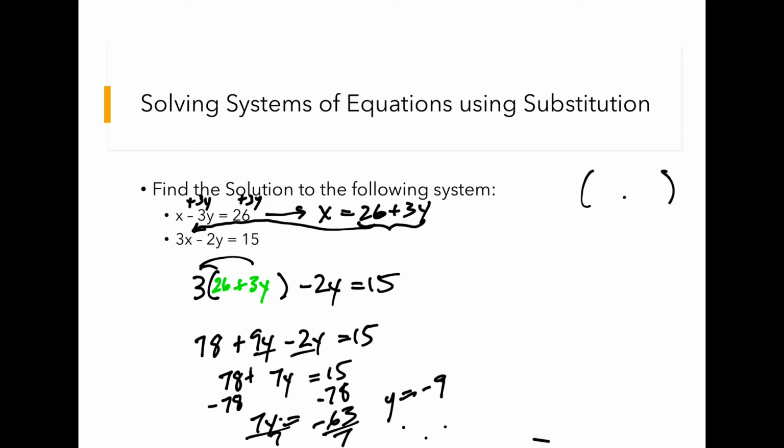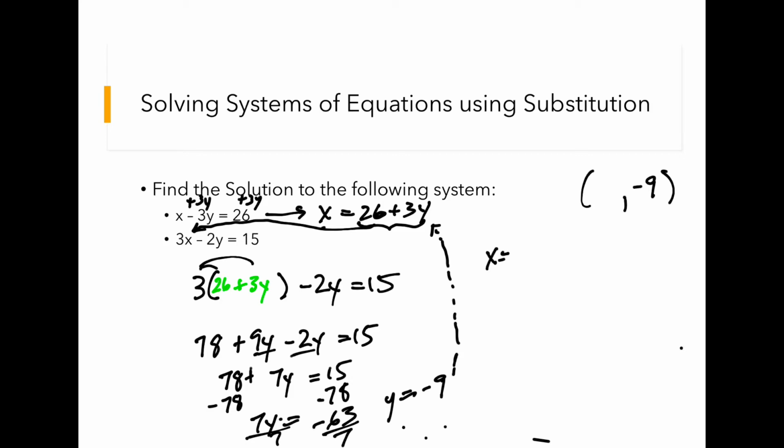So notice what I have here is half of the solution that I'm after. Now, plugging this back into my original equation, what's kind of helpful a lot of times is to go back to the one where you solved it for the other variable, because it's written such that x is already by itself.